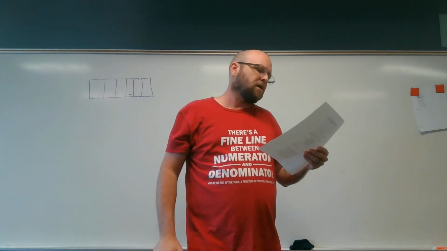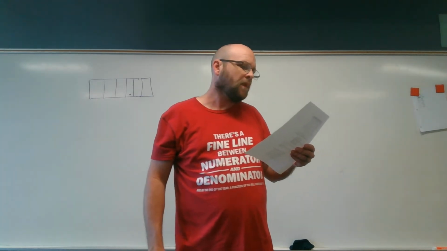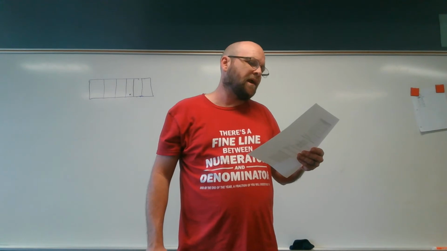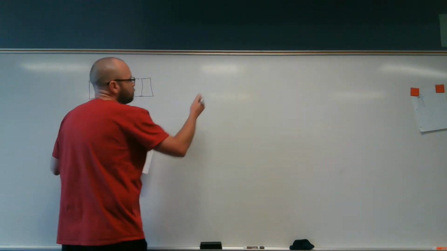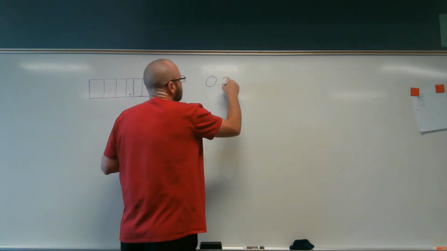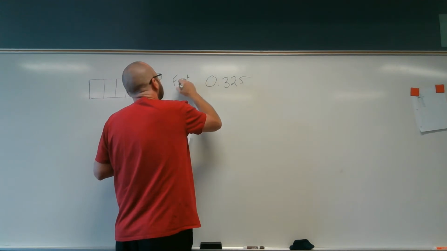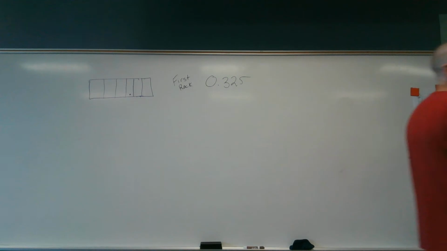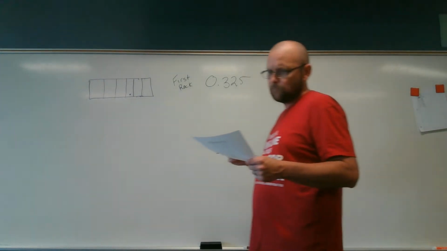So Jonathan is finding the mass of different rocks during science class. The first rock he measured had a mass of 0 and 325 thousandths kilograms. So I would probably make a note somewhere. That's the first rock. Because you know how I like having you show work. It increases your likelihood of getting it correct by 98.6%.